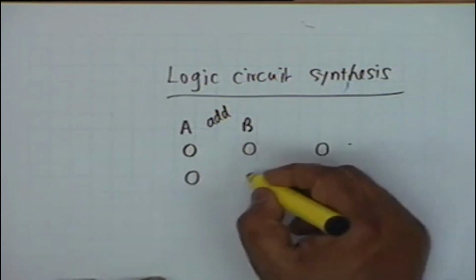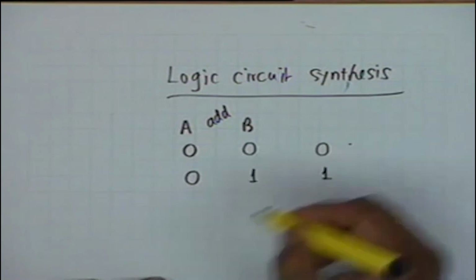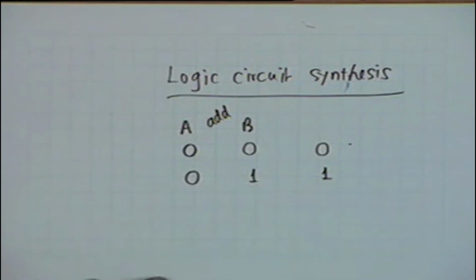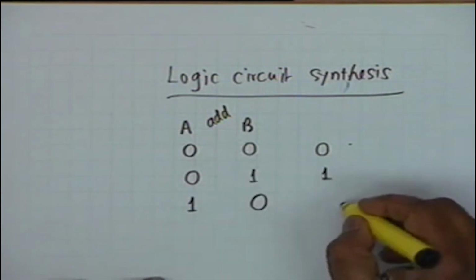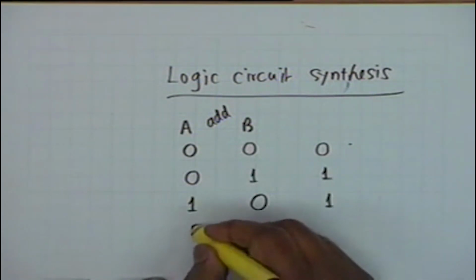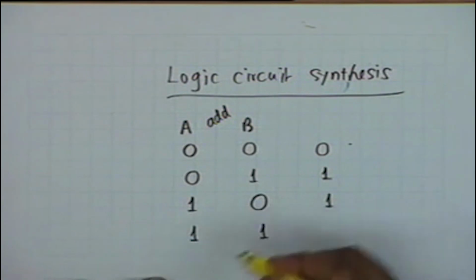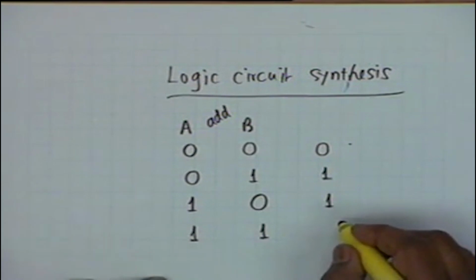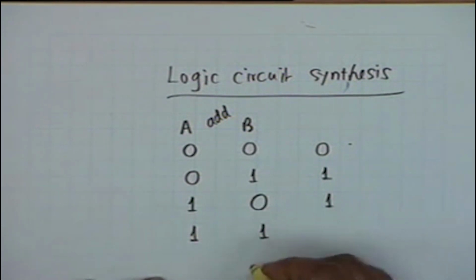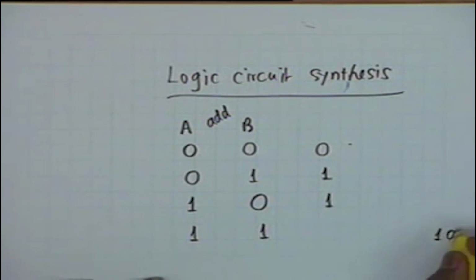When you add 0 and 1, the result is 1. When you add 1 and 0, once again the result is 1. But when you add 1 and 1, the result is 1 0. So the sum is 0, and this one is a carry.